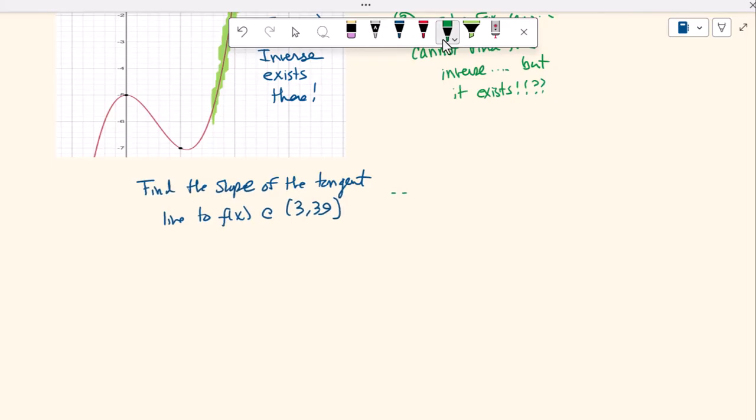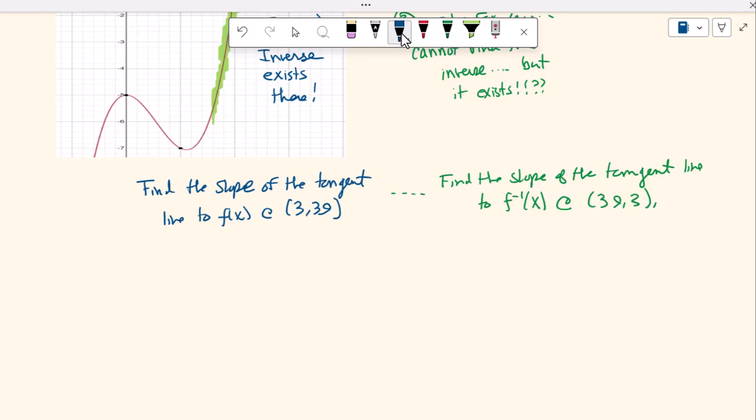Then what I should be able to do is find the slope of the tangent line to my inverse, f inverse of x at (39, 3). This is vastly superior to think through this rather than use that formula. Okay, but before we can do the inverse, we have to do the original.